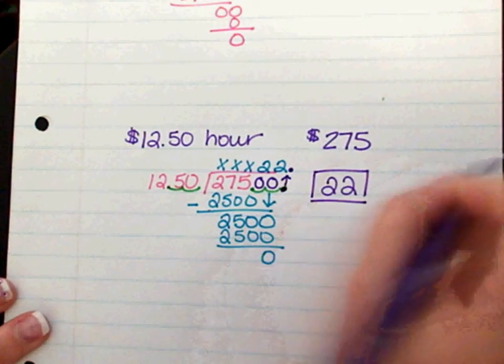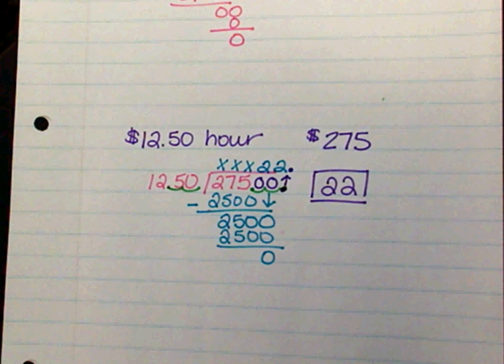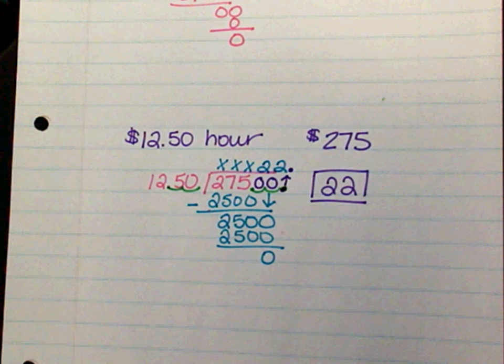It does not divide into 2 or 7 or 5, but it does go into 2,750 twice. If I multiply that, I get 2,500. Subtract, I get 250. Bring down my 0. My new total is 2,500. It goes in twice, evenly. I'm left with 0, nothing to bring down.